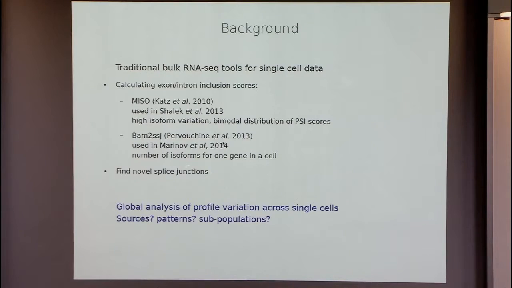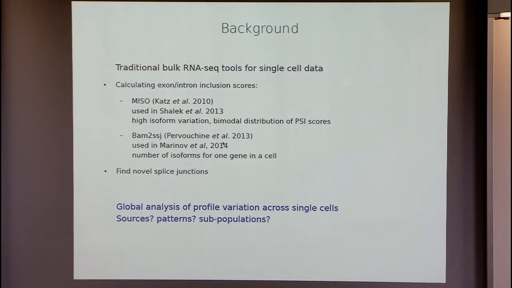And then, of course, mapping tools like TopHat and other tools which can find novel splice junctions have also been applied to single-cell data. What we want to do is, in the context of single cells, a global analysis of profile variation across single cells. So, for example, we ask questions: what are the sources of this variation?